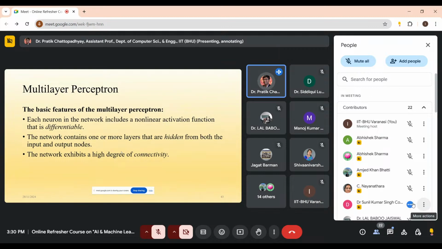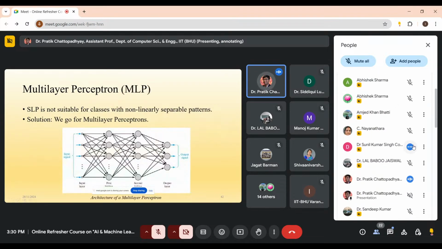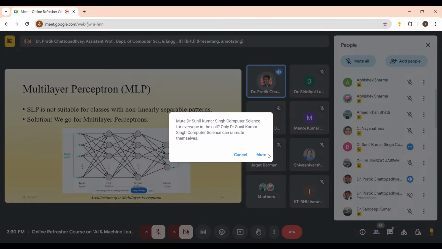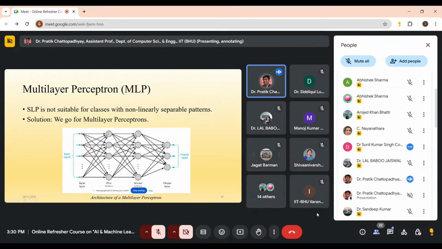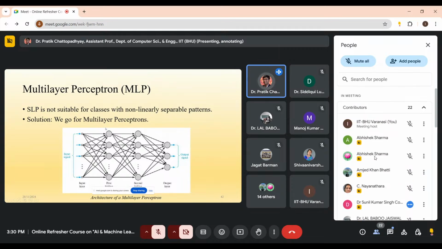Another very important point is about these neurons. We are seeing that it receives inputs from the previous layer. Now this neuron takes the weighted summation of the inputs, and like the single layer perceptron, we have seen it passes through a threshold block to do the classification.